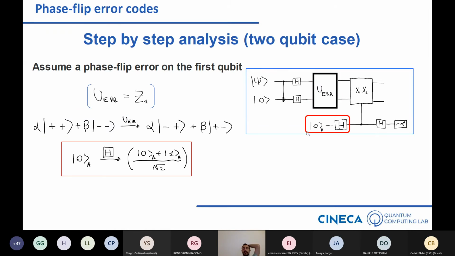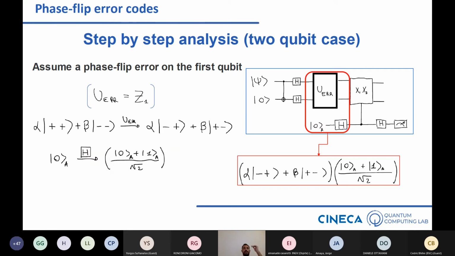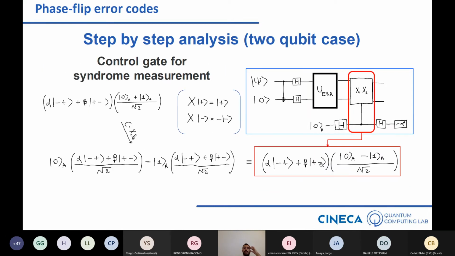So again, we add the ancillary qubit with the Hadamard. We rewrite the global state in this way, and then we perform the x1, x2 control operation, which produces a minus sign, a phase in the ancilla, whenever you get the error.